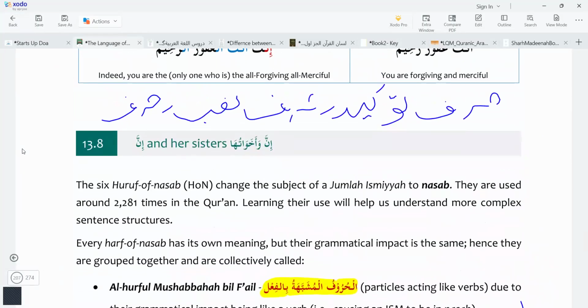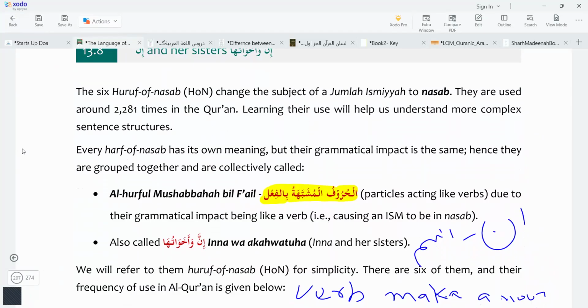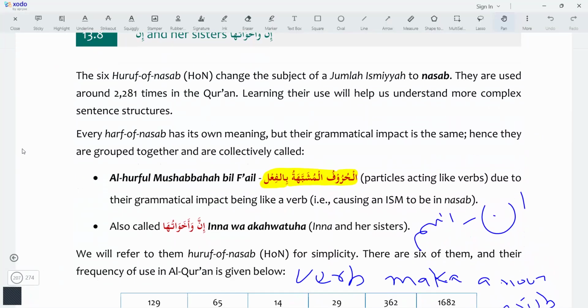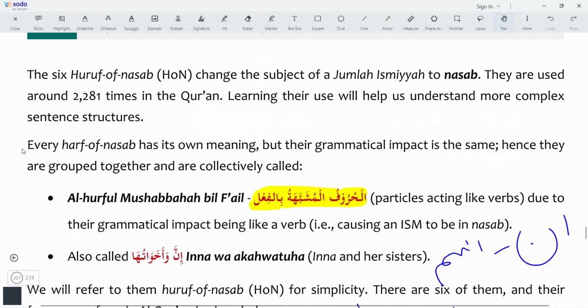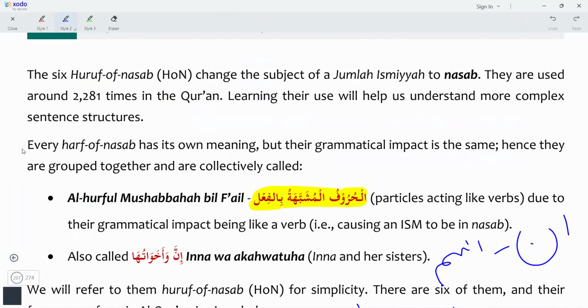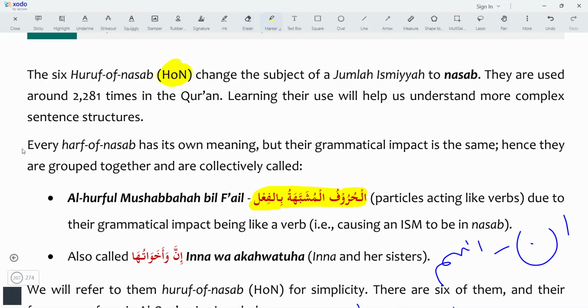What are the sisters of Inna? There are 6 huruf of nasab.